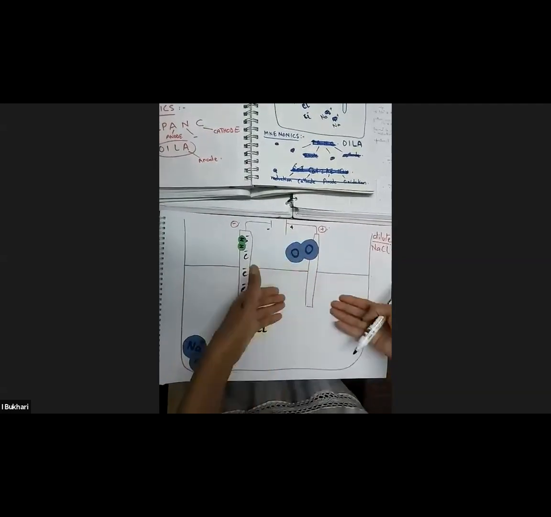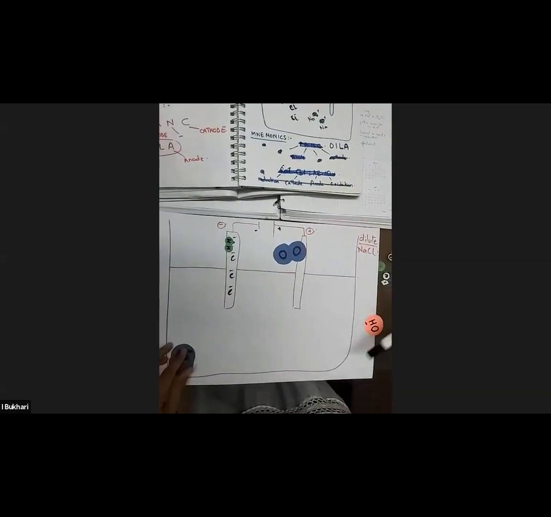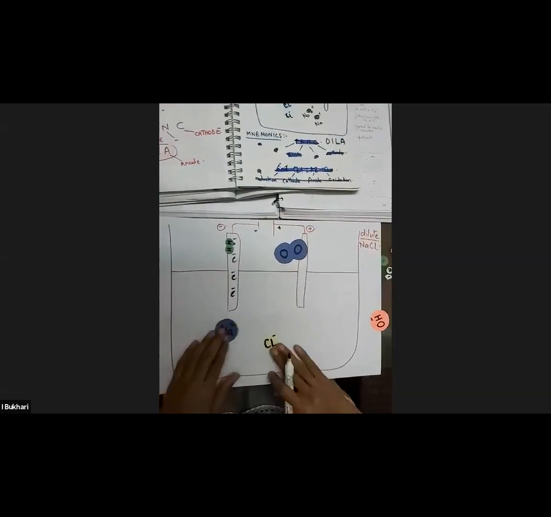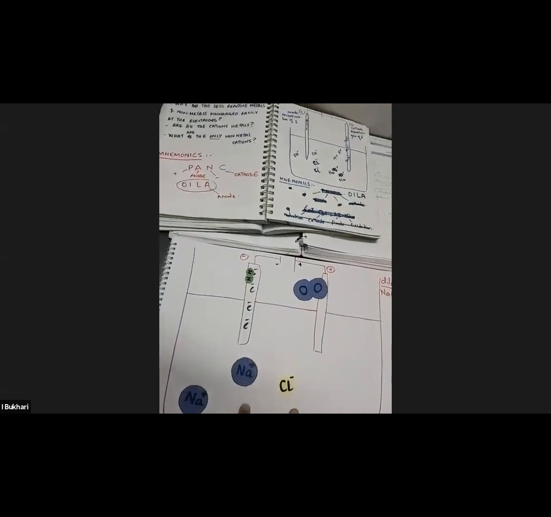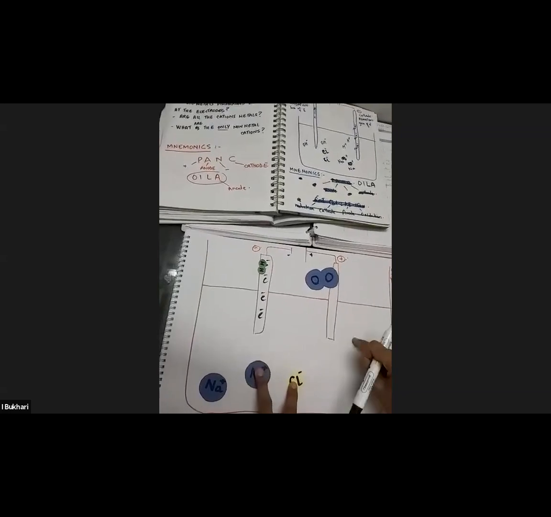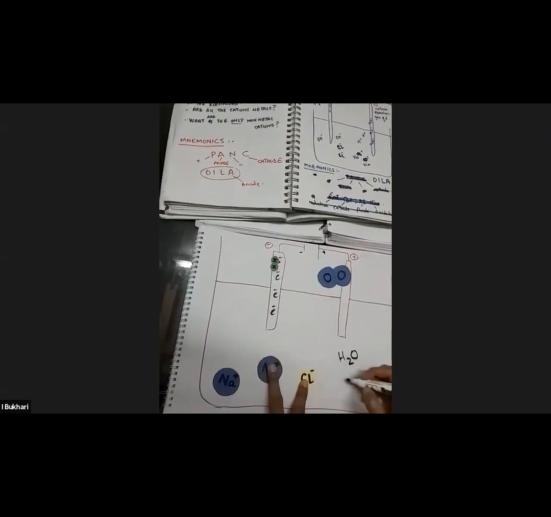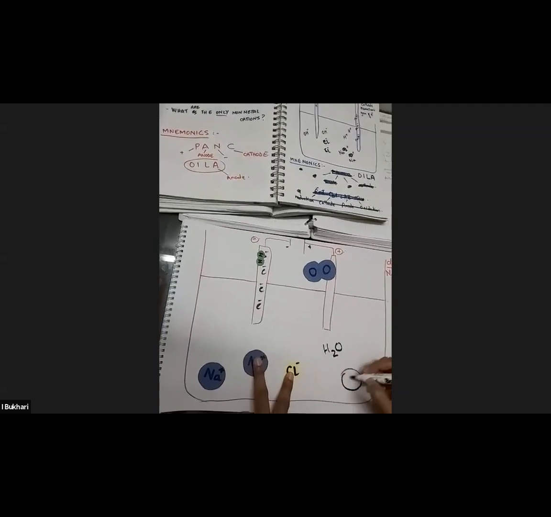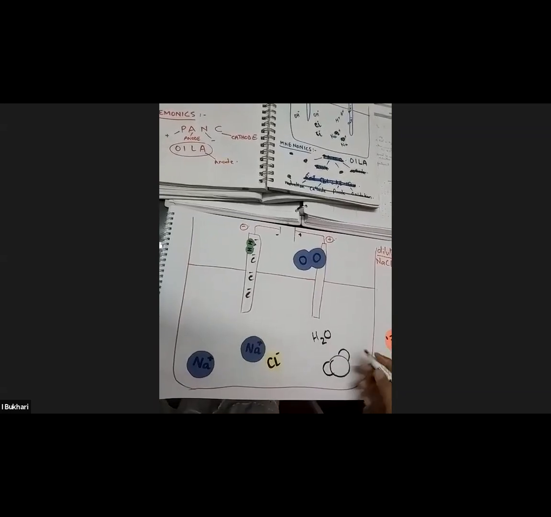But water will stay in the electrolyte. It will not be discharged as such. Water will stay within the electrolyte. So what we are left behind with is sodium and chloride, along with water. There will be water molecules, remember our Mickey Mouse, my favorite Mickey Mouse.